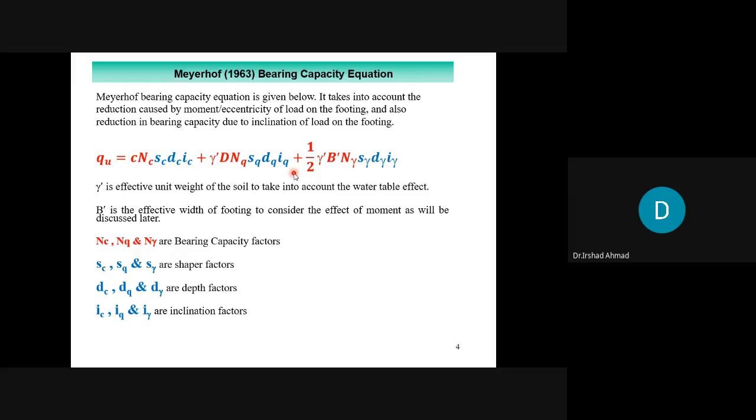So that reduction in bearing capacity is taken into account using a reduced width of foundation, B prime. So let's explain this.